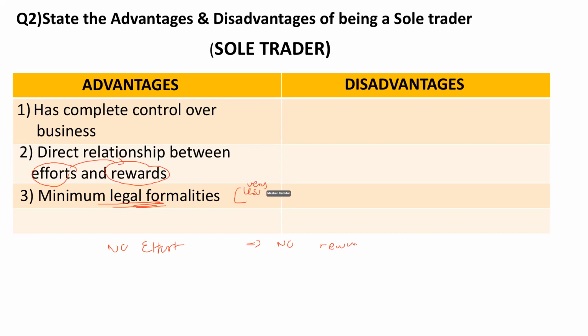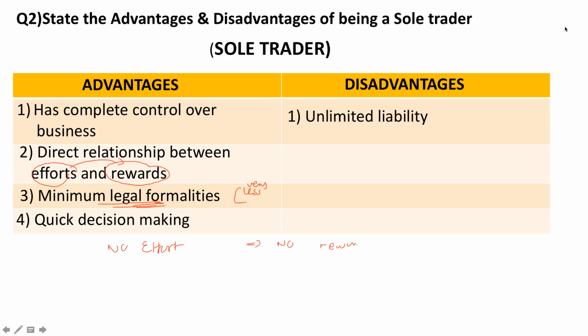Another advantage of a sole trading concern is that you are the owner and the manager, so decision making is very quick. These are the advantages of a sole trading business. However, the disadvantage is that there is unlimited liability.